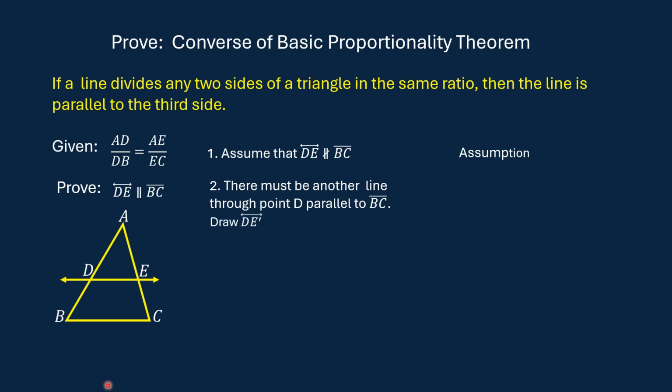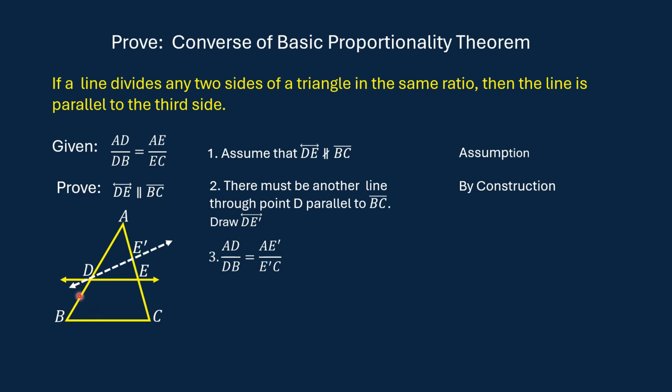Let us draw line DE prime by construction. So we are assuming that line DE prime is the line that is parallel to side BC.